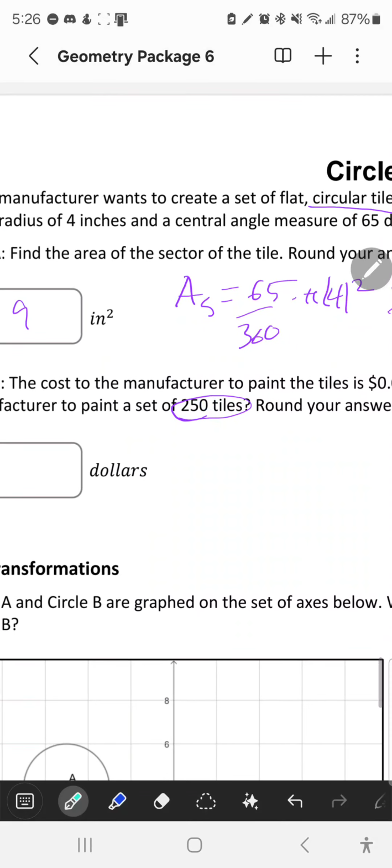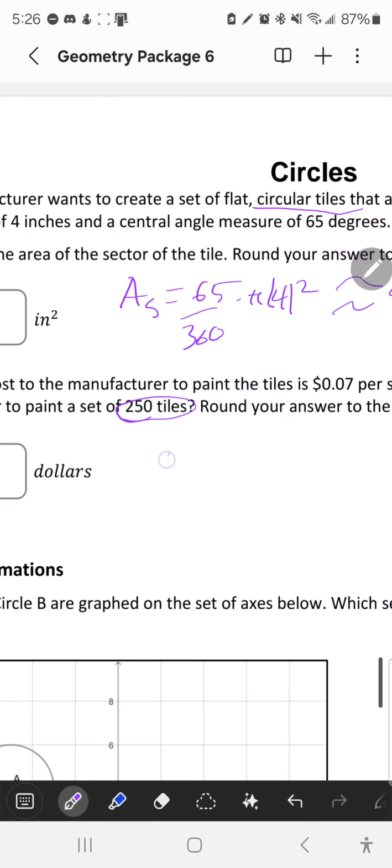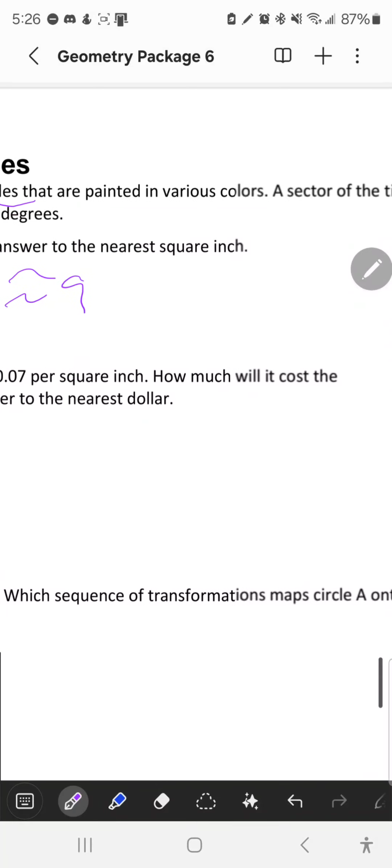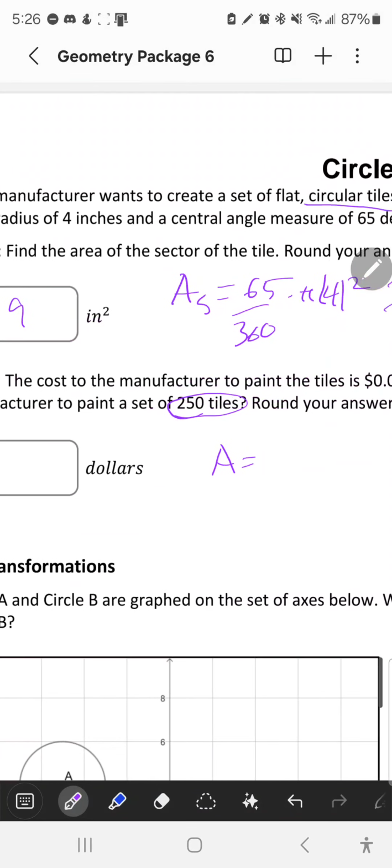So I'm going to calculate the area. We have the radius. We just need the area of the circle. We don't have a specific sector.